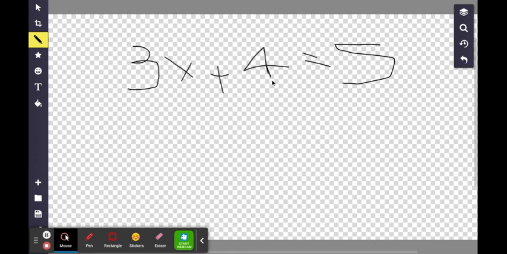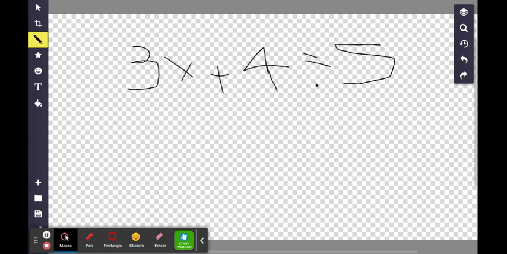So x, we need to put it by itself, or at least with the coefficient. So you want 3x on one side, and then this 4 we have to do something about. The rule with these equations is that you have to apply the same operation on both sides.